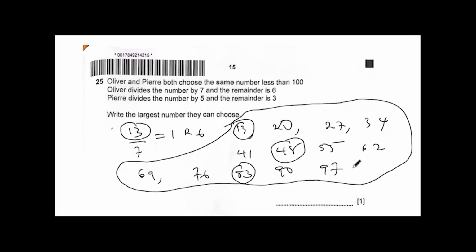So if you look at it now, the largest one there is 83, because this and this meet the second condition. So that means 13, 48, 83 are the numbers that will meet the given two conditions. And the largest among them is 83. So the answer here will be 83.